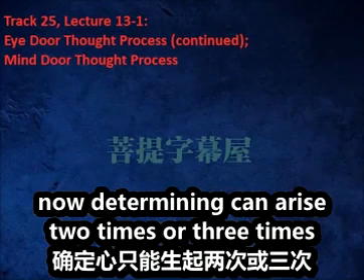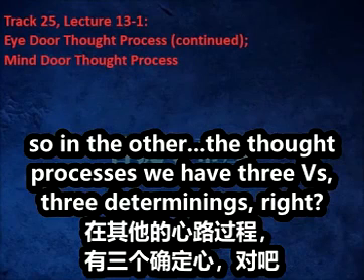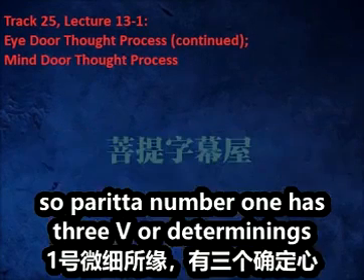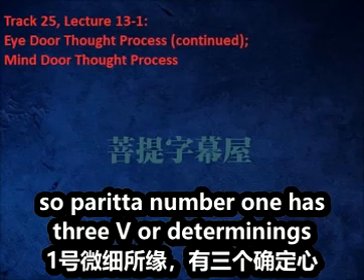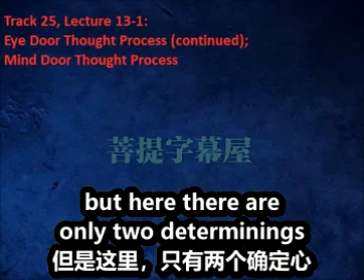Now determining can arise 2 times or 3 times. In the other thought processes, we have 3 determinings, right? So Paritta number 1 has 3 determinings, Paritta number 2 has 3, and so on. But here there are only 2 determinings.